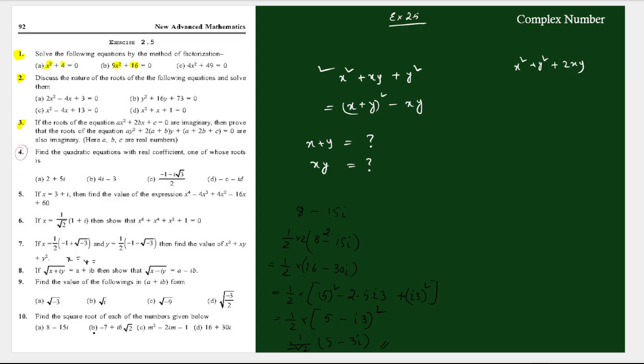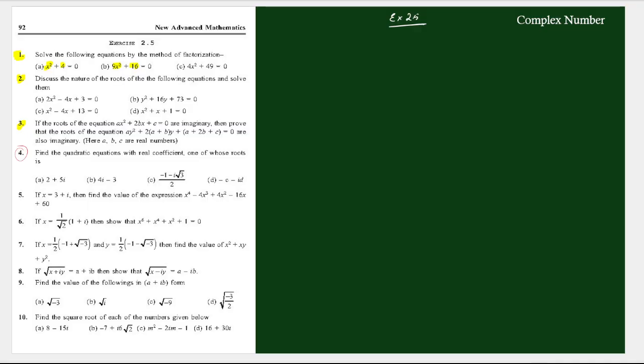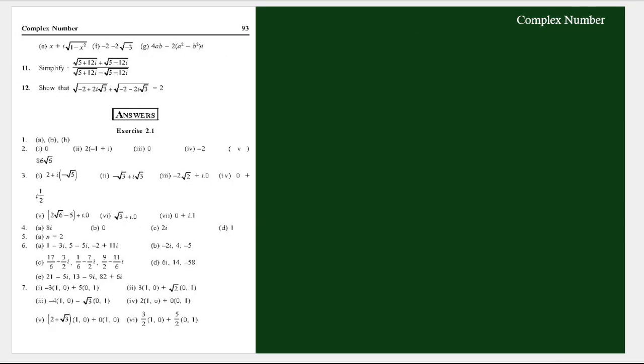So in this way you can try for b, c, d. Then what is left? E, F, G is also there. So whatever you can, you try.